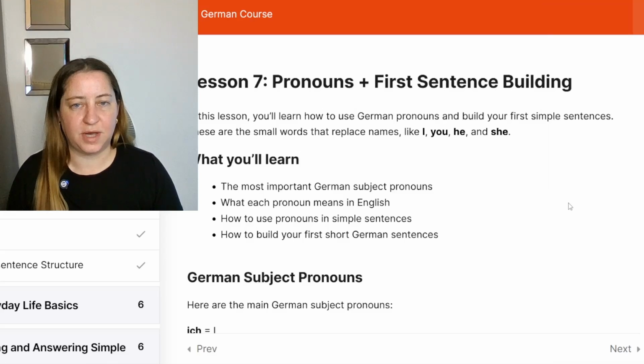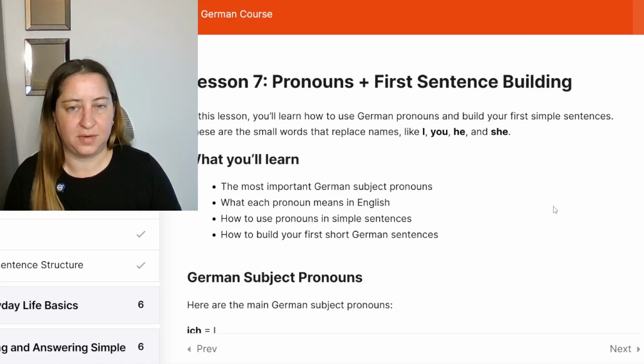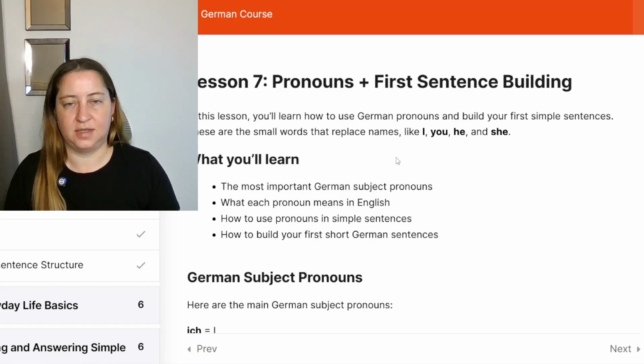We're going to talk about how to build basic German sentences using subject pronouns. So we'll use German pronouns to build very basic, simple sentences. Pronouns are words like I, you, he, she.